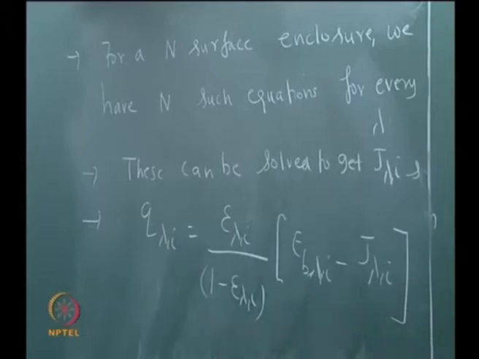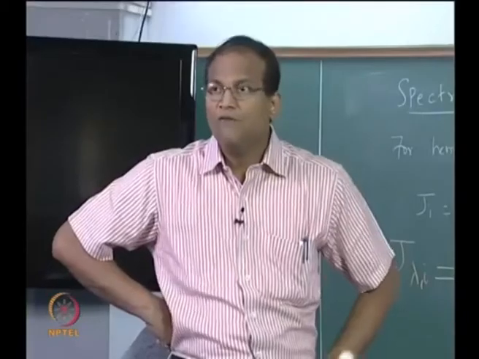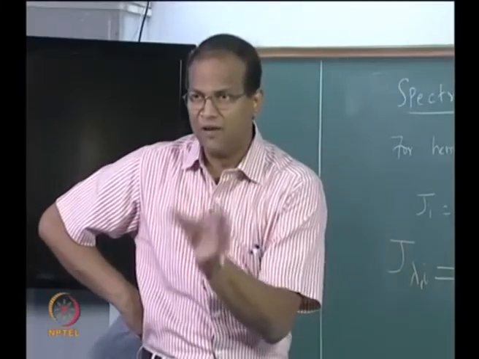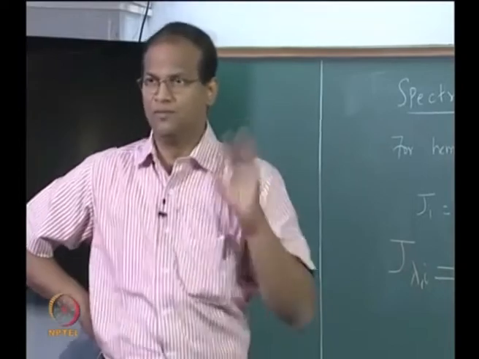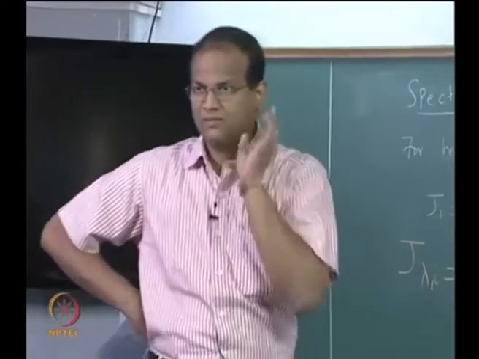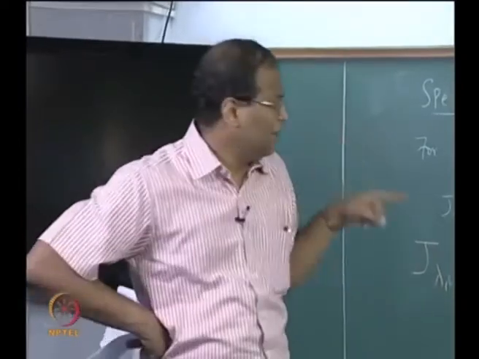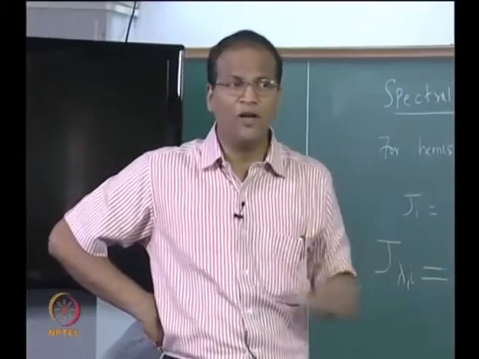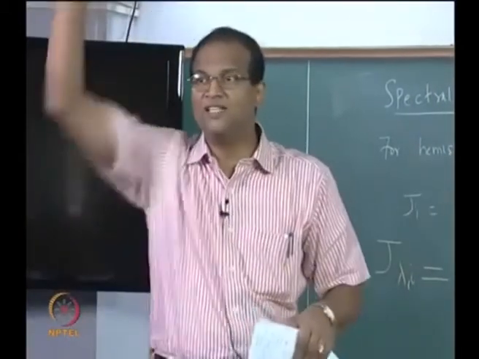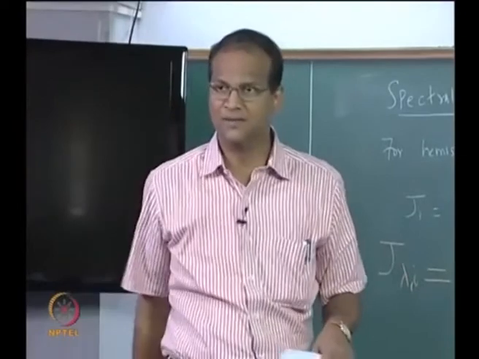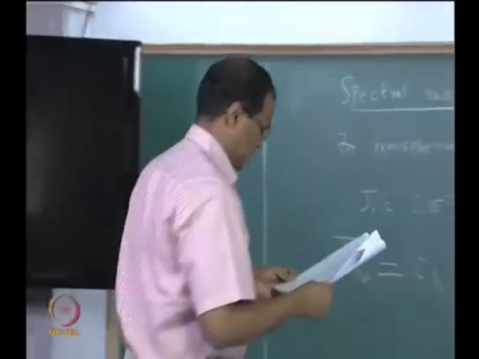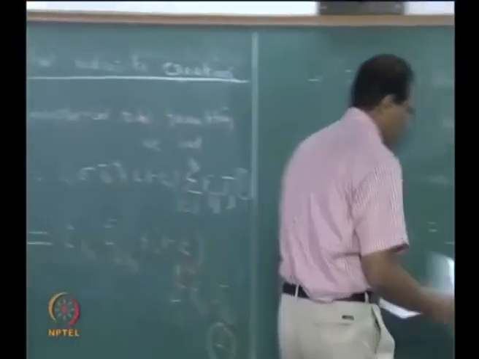What is that E b lambda i? It will be the f function in that wavelength interval multiplied by sigma T to the power of 4, only that much. That E b lambda i will become sigma T to the power of 4 if the J lambda is replaced by one general J which we used in the previous classes, correct? What is the key point here?